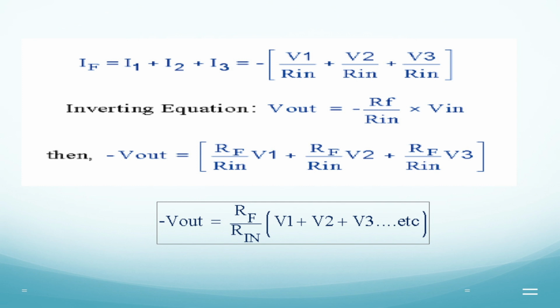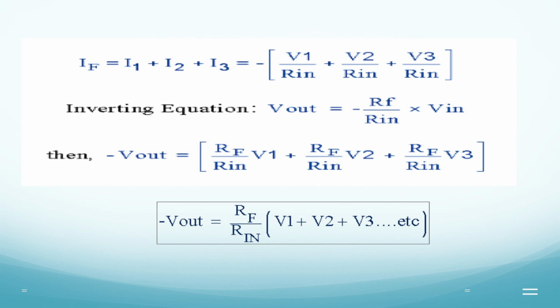It is minus Rf by Rn. Minus Rf by Rn into the input you give, where the input voltage is nothing but the sum of the voltages you have given, V1 plus V2 plus V3. So Vout is represented as minus Rf by Rn into V1, plus Rf by Rn into V2, and it goes on.